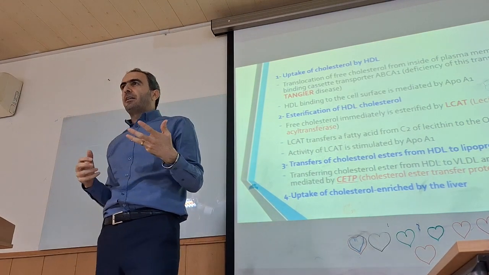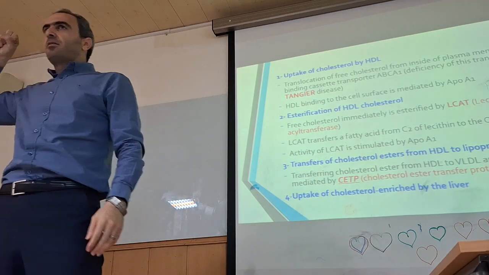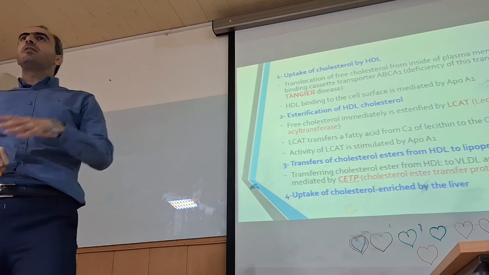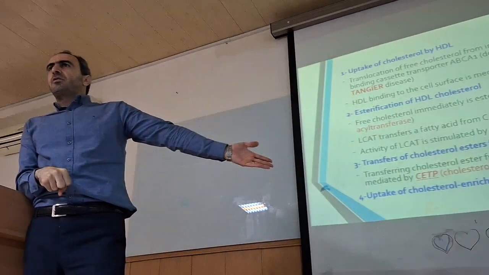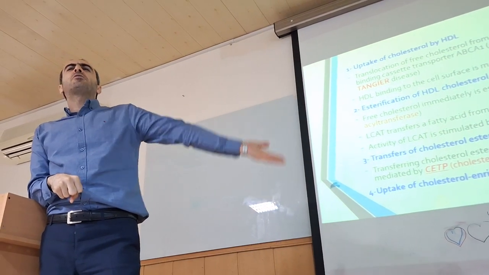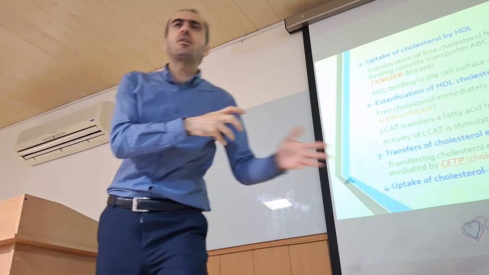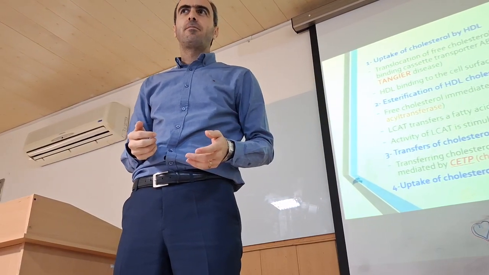So what happens here? HDL, when it receives cholesterol from extrahepatic tissues in the blood circulation, thinks to itself: the VLDL remnant or IDL, or chylomicron remnant, are going to the liver. Let's give them some cholesterol; they carry cholesterol for me.